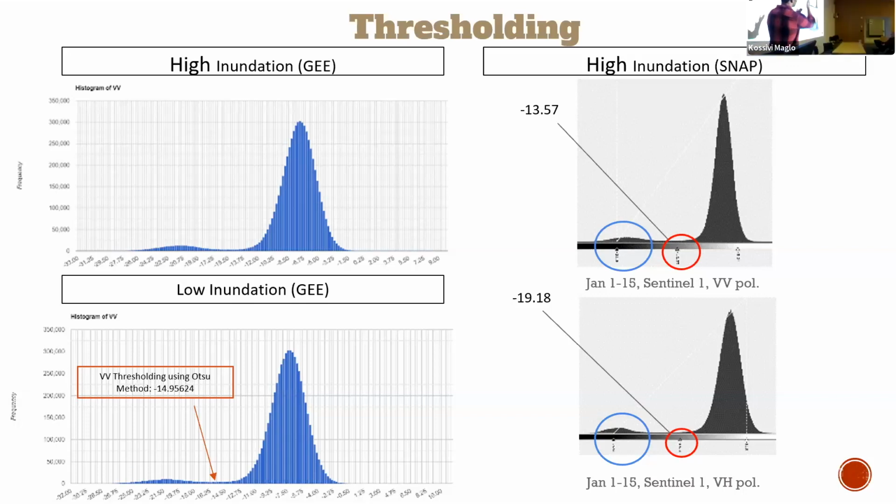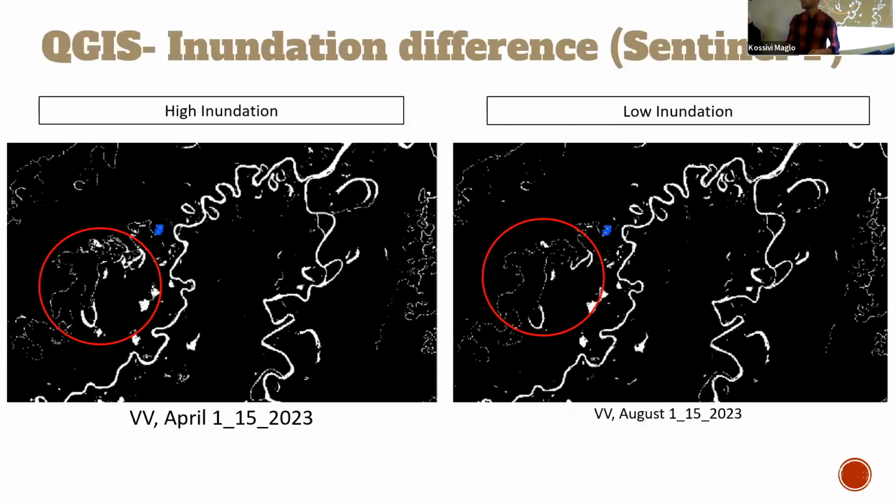The higher peak relates to land mass and the lower peak relates to water mass in both. Whenever there's high inundation, the demarcation between the land and the water is less visible versus when there's low inundation. I also differentiated between VV and VH polarization. Because backscatter is less in VH than VV, the peaks are more demarcated for VH than for VV.